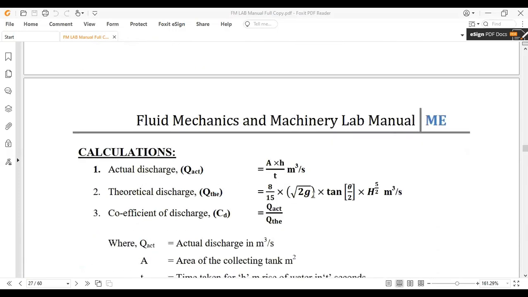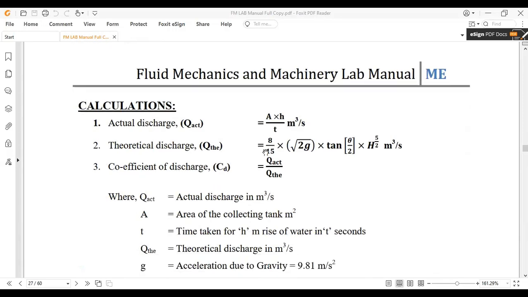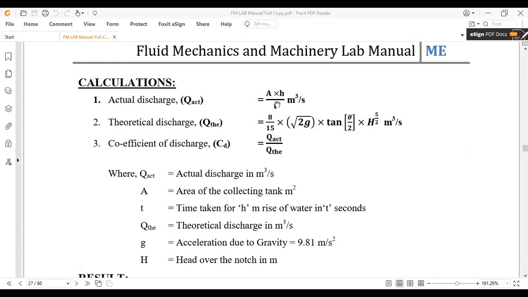Actual discharge can be calculated by this equation: area into h by time taken. Here, A is the area of the collecting tank, h is the 10 centimeter height of water rise in the measuring tank, and t is the time taken for the rise of water of 10 centimeters. This will give the Q actual.